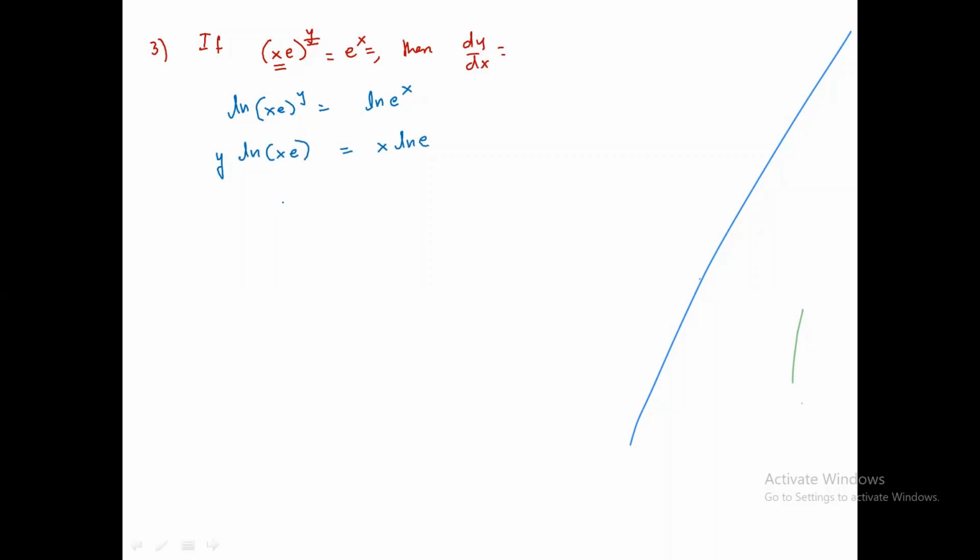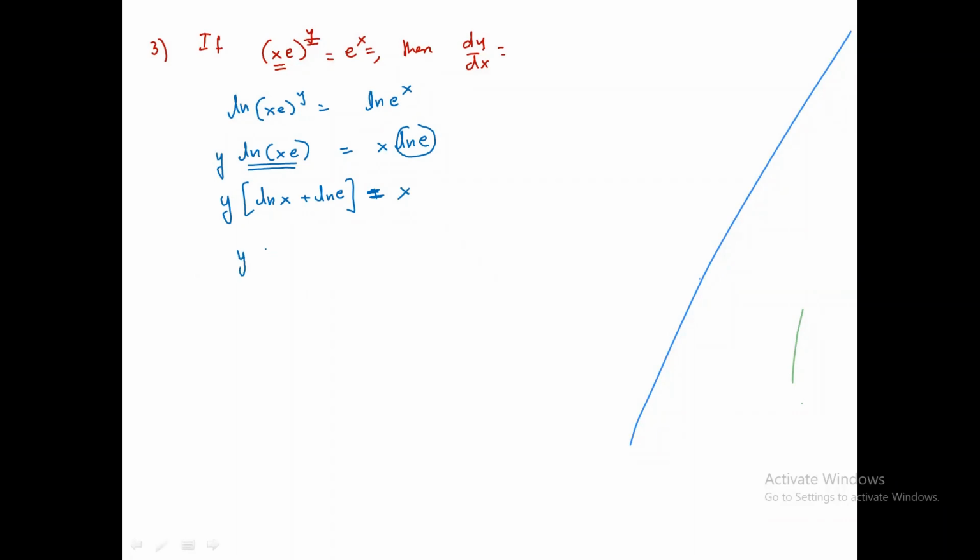You have ln e. Now you can apply the logarithm property and write it as ln x plus ln e. Here, ln e is directly 1. So you can write x into 1, x.